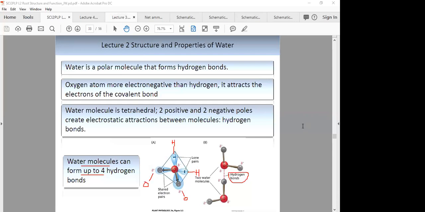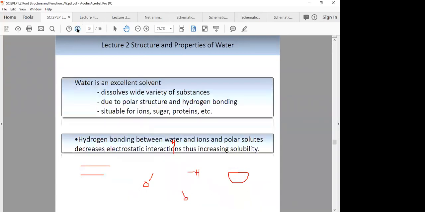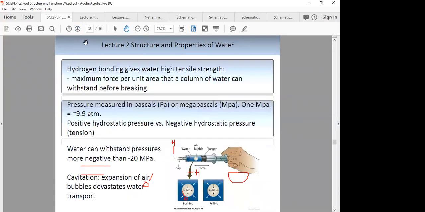All right, so we've covered that. Now let's move on to slide 35. So as a result of those adhesive and cohesive properties, hydrogen bonding gives water very high tensile strength, incredibly high tensile strength.